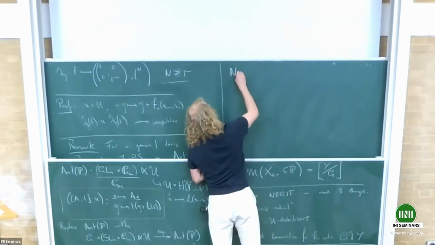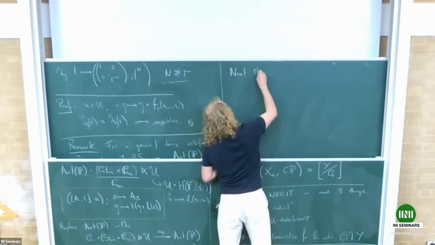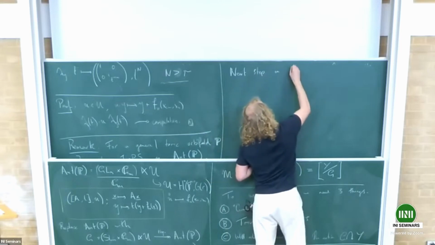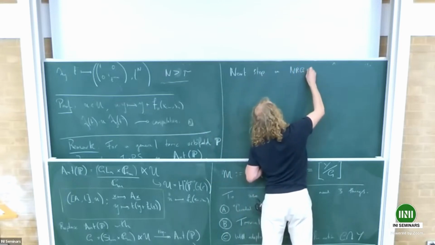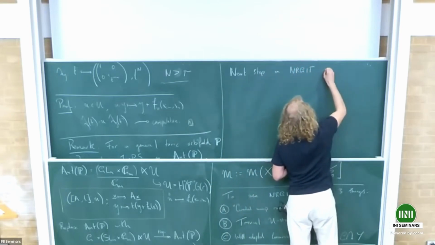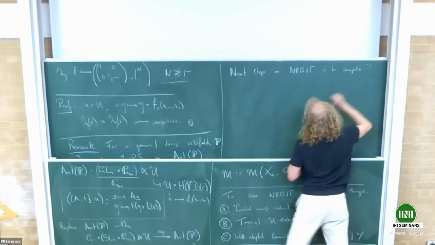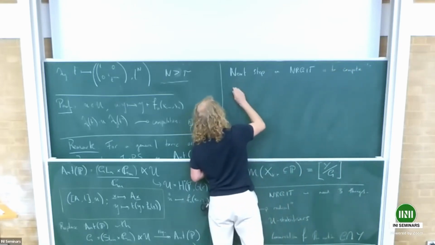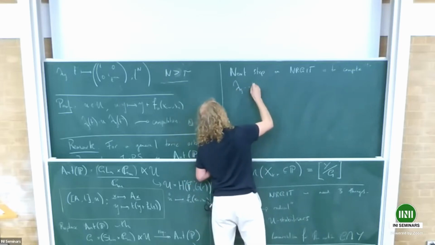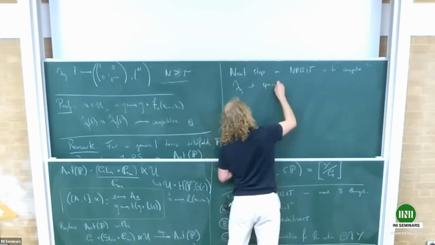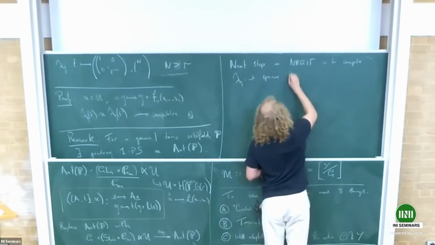So the next step in non-reductive GIT is to compute the lambda G weight spaces.